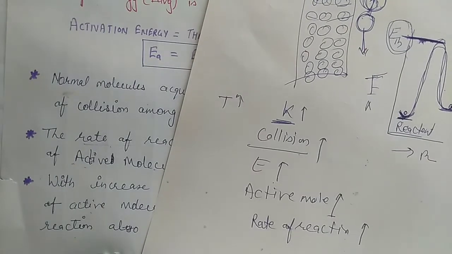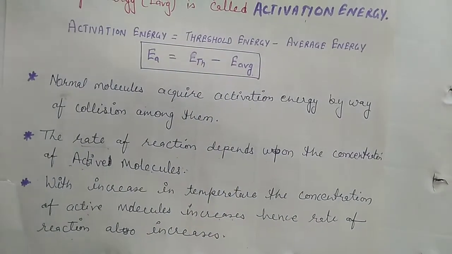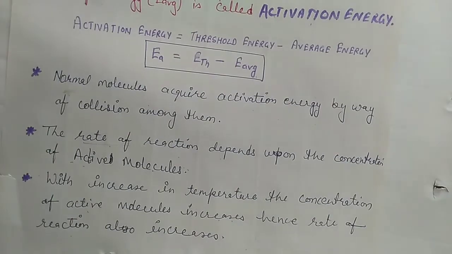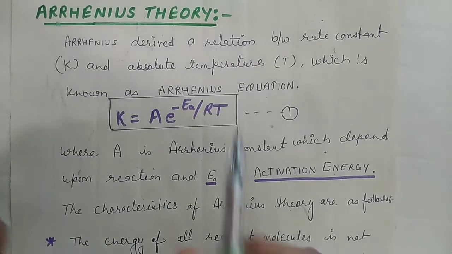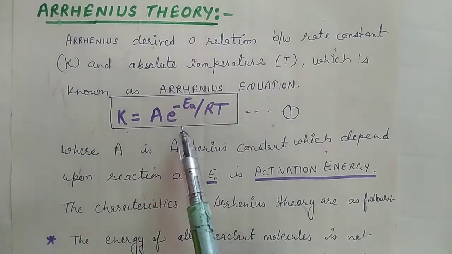Clear? Thus, on increasing the temperature, rate of reaction increases 2 to 3 times. Clear? So it is the Arrhenius theory and Arrhenius equation.